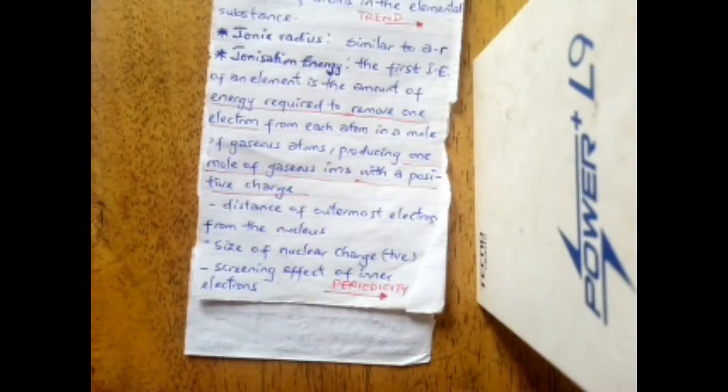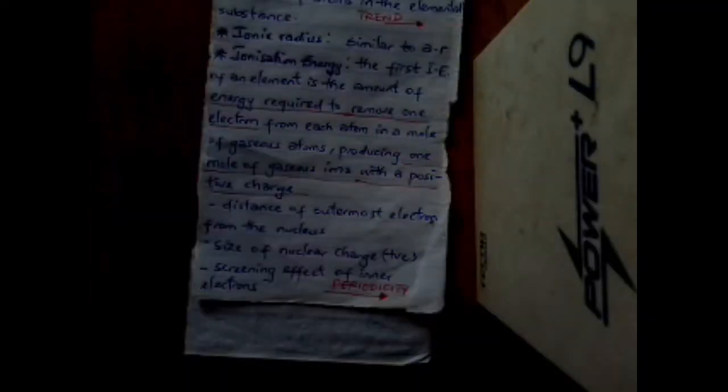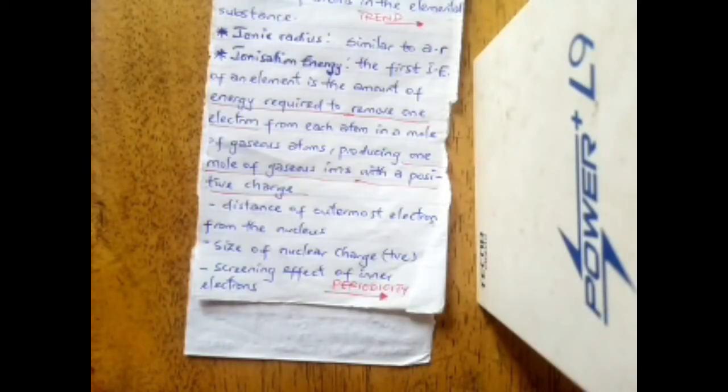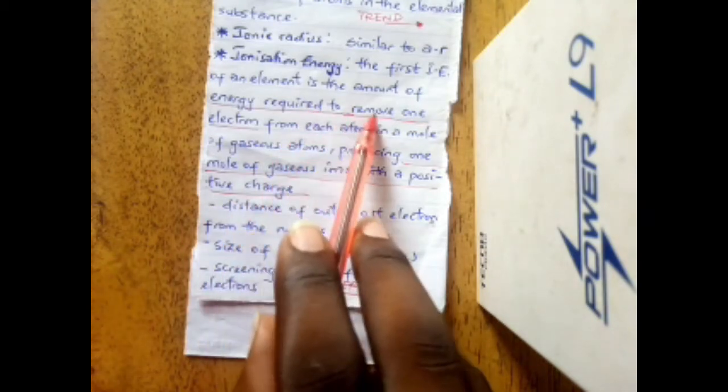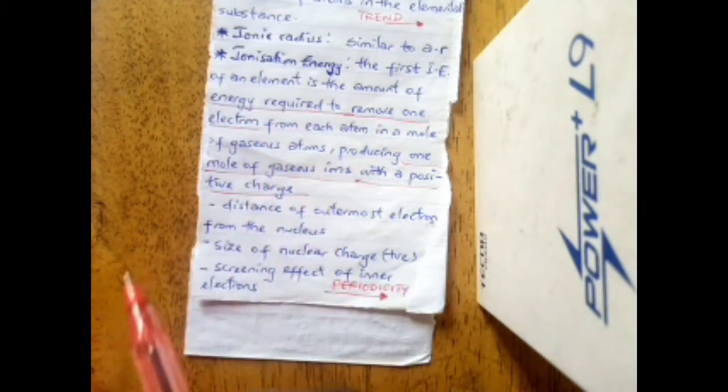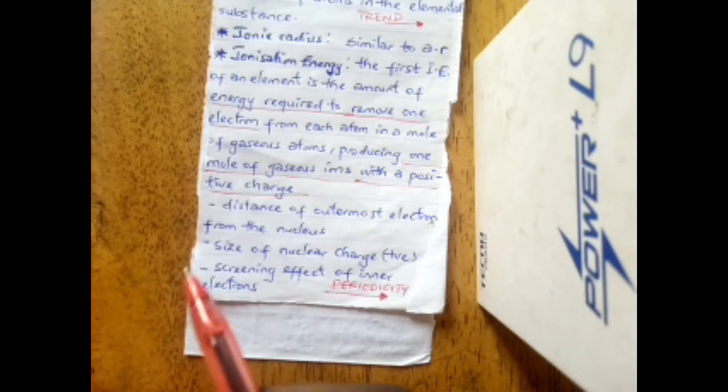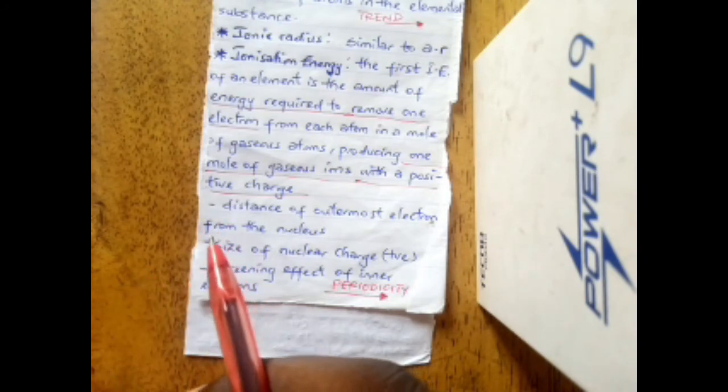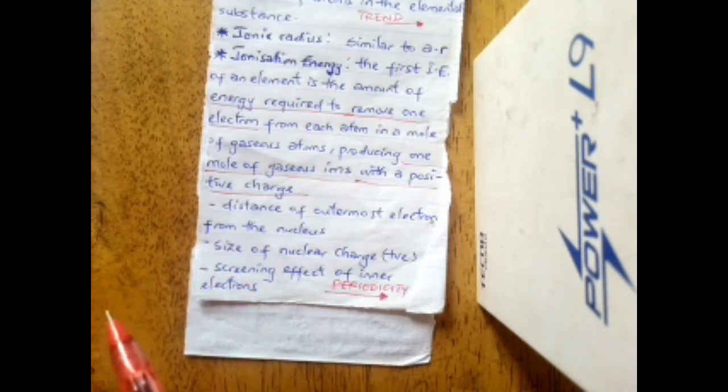When you're talking about ionization energy, you're talking about the loss or gain of electrons. In this case, the amount of energy an atom will require to remove 1 electron, they are talking in simple terms.